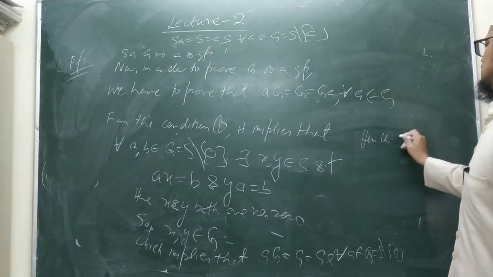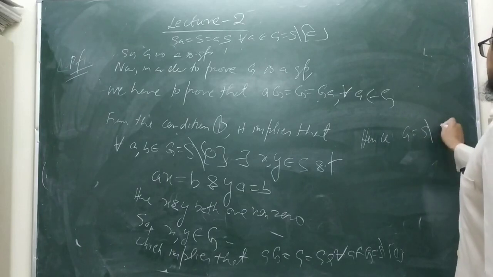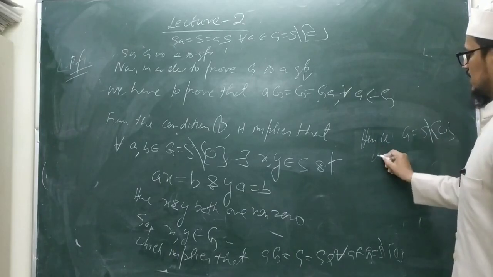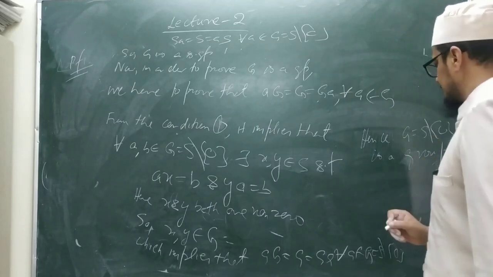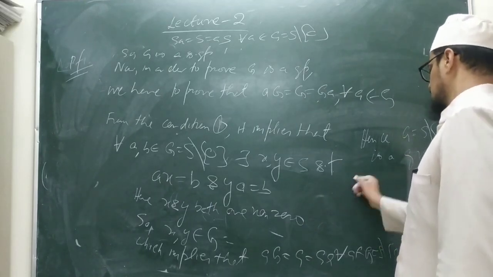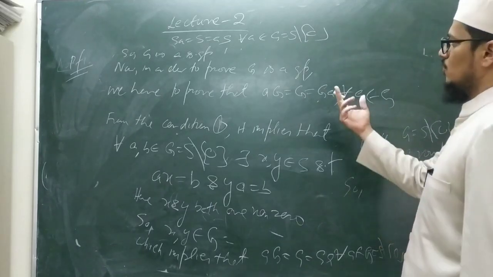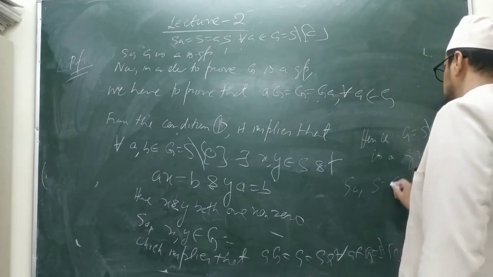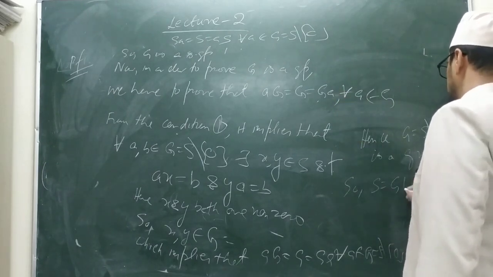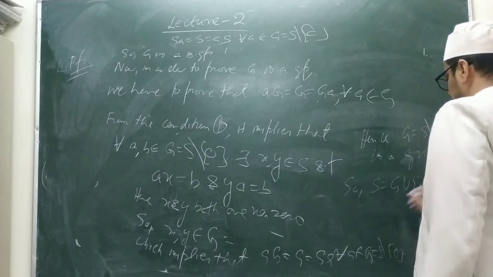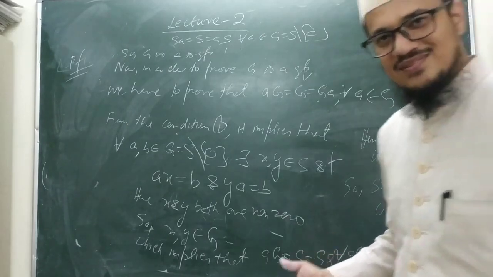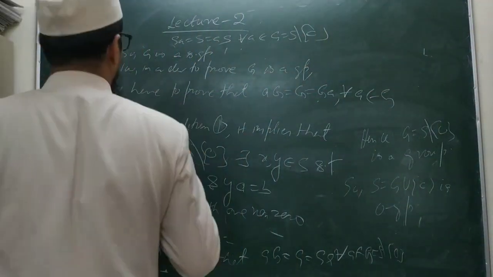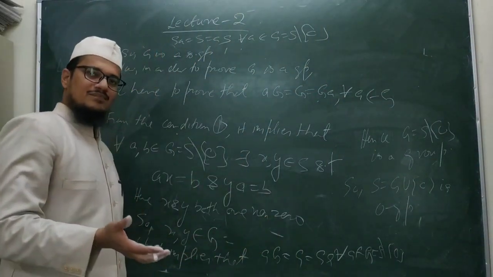Hence G is equal to S minus 0 is a group. So S is equal to G union 0 is a 0 group. Hence proved. So in this way we have proved both sides.